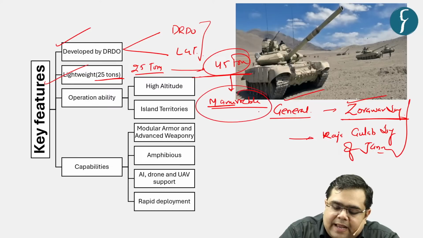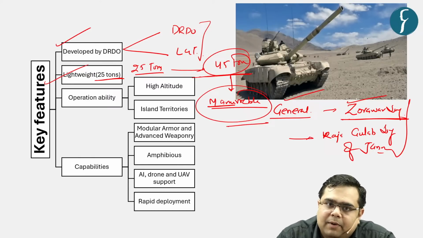It makes the tank more maneuverable, and the tank is able to move much more easily in the difficult terrain of Ladakh. At the time of the Pangong Tso issue, India faced the reality that China was very easily and rapidly able to mobilize its armoured corps to the border.